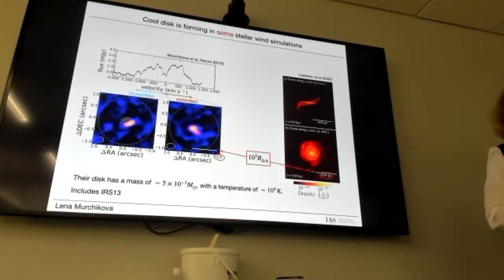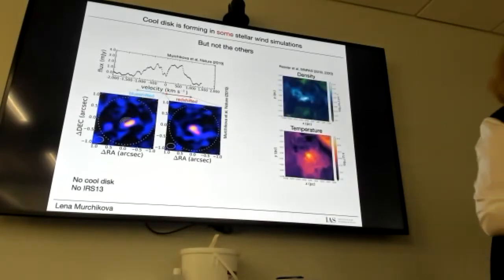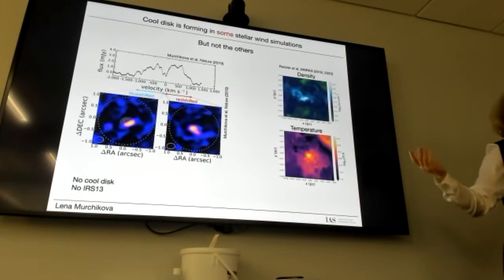This simulation also includes interaction with IRS-13, which is another group of stars, so it includes claims about an intermediate mass black hole, etc. And they say this interaction is quite important for collisions of clumps. But the other group doesn't see this.